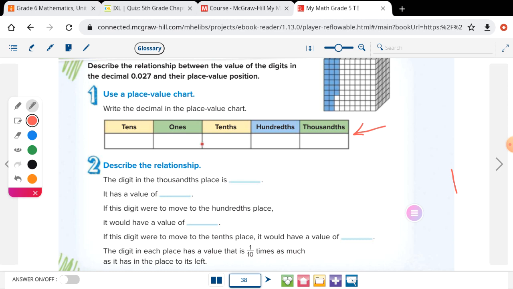Okay, how many tens are there? 2. Look at our decimal here. They give me the decimal. Do I have any tens? Do I have any ones? No. 0. There's my decimal point. So 0, 2, 7.